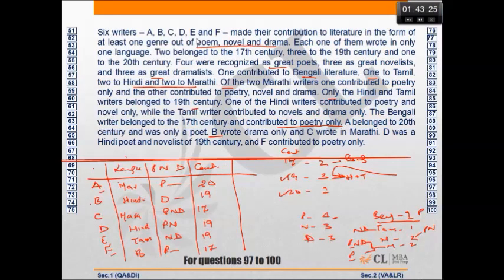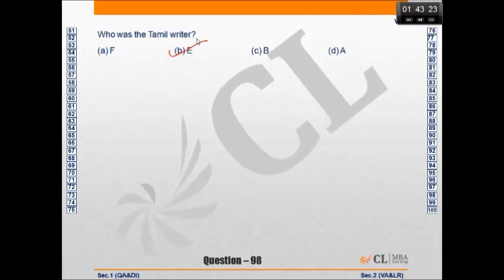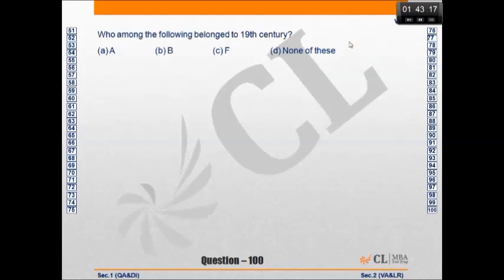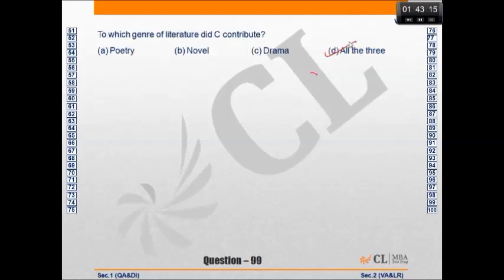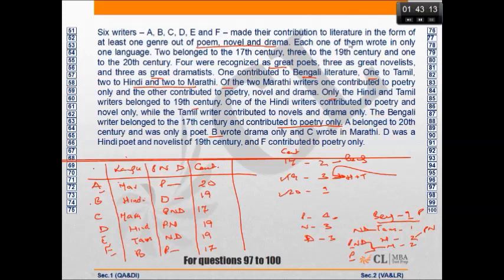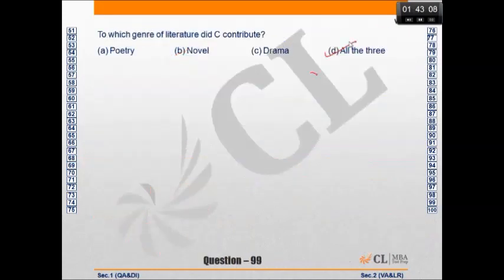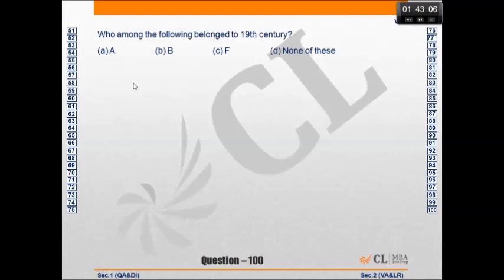C contributed to poetry, novel and drama, all three. And who among the following belong to the 19th century, A, B, F? B is 19th century.